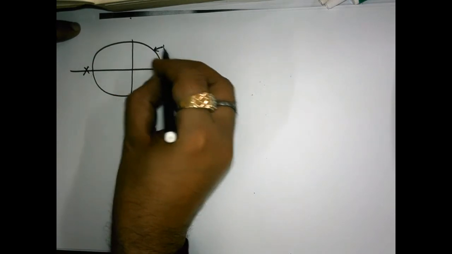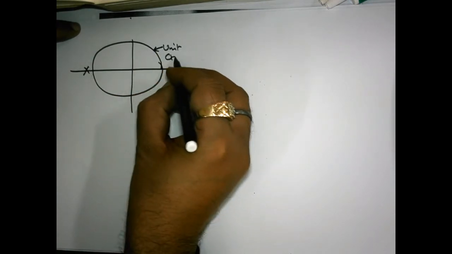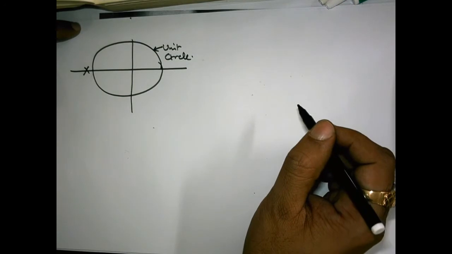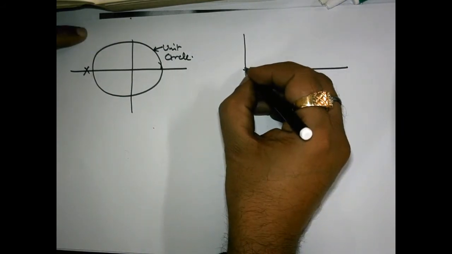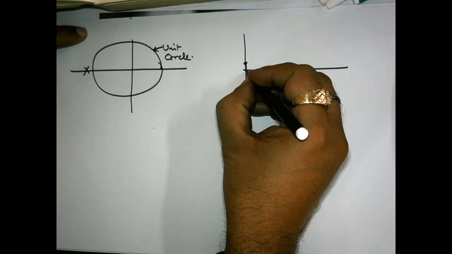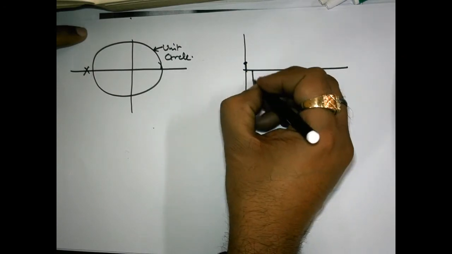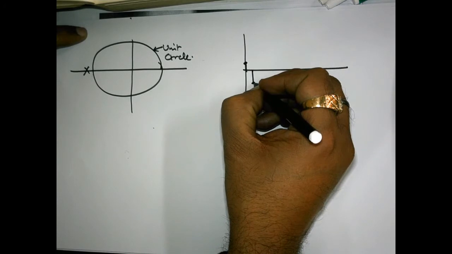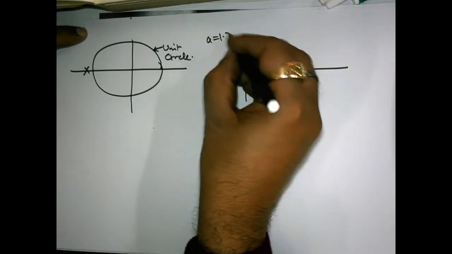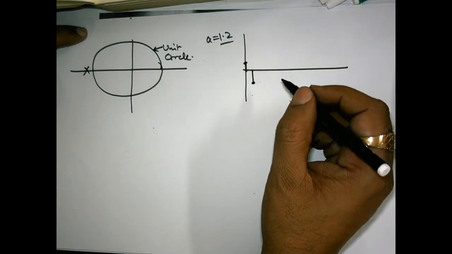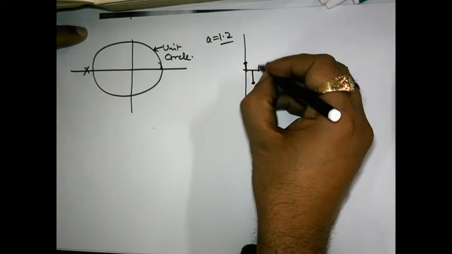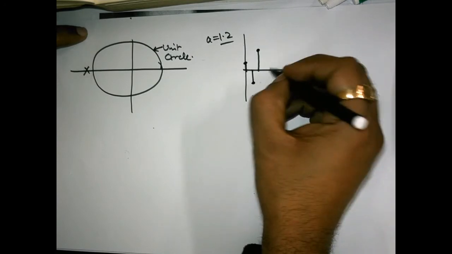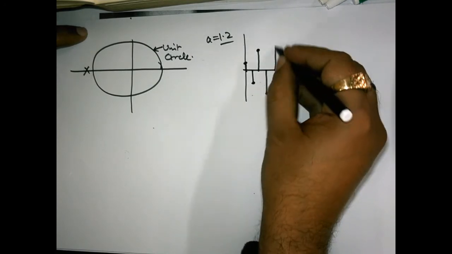If the pole lies somewhere here, outside the unit circle, naturally the very first sample will be 1, then minus 1.2 if I take a to be 1.2, which is more than 1, then 1.2 square, 1.2 cube, like this.